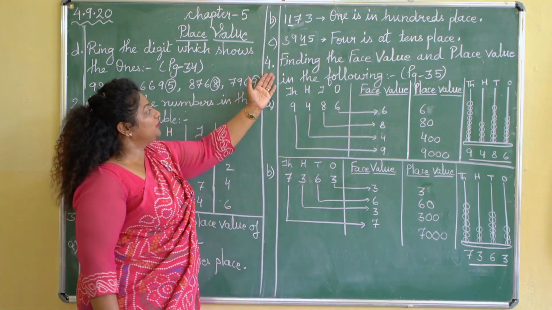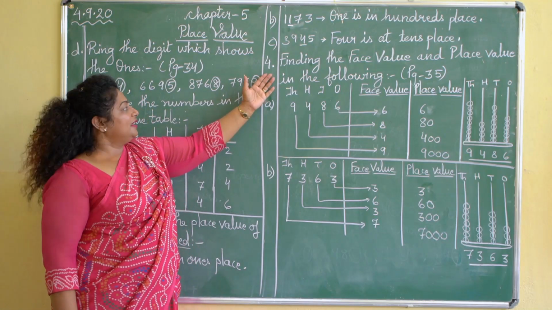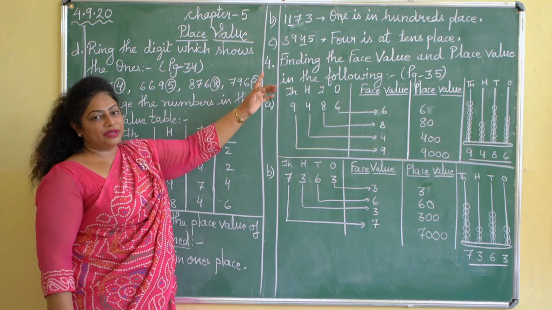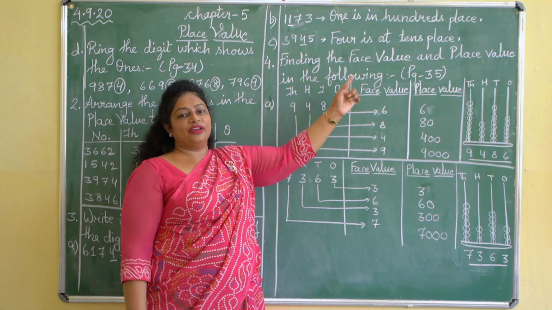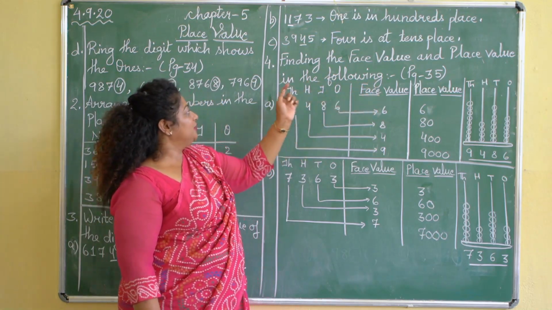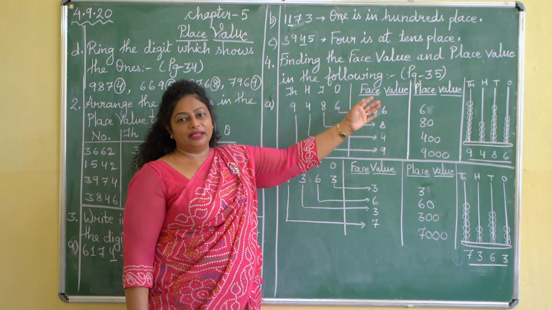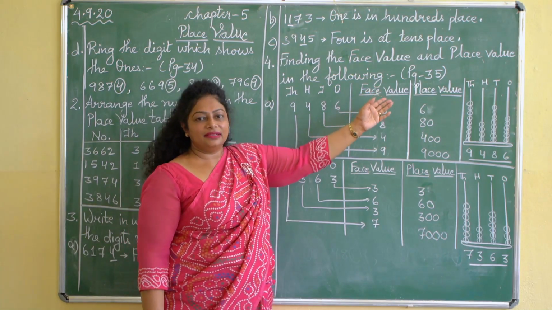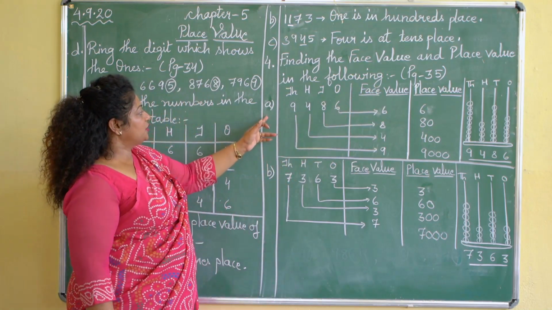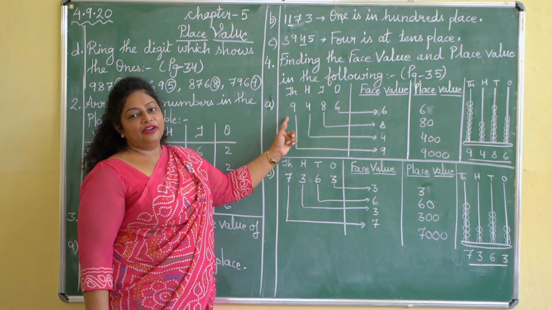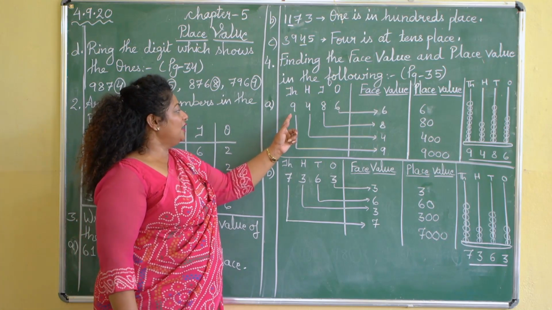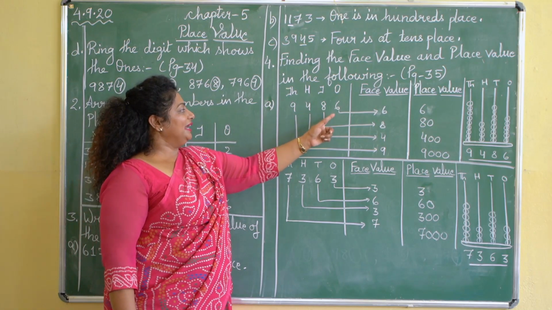Now let's move to the last question of the chapter, that is question number 4. The question is finding the face value and place value in the following. It is given on page number 35. First question. The number given to you is 9486.